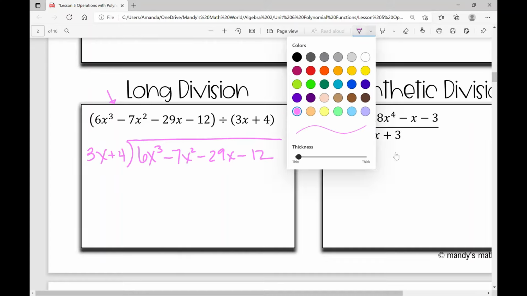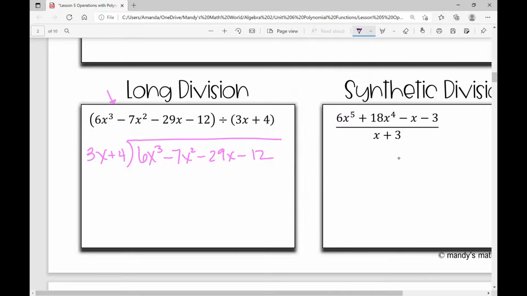So polynomial long division. What do I multiply 3x by to get 6x cubed? I multiply it by 2x squared. 2x squared times 3x is 6x cubed. 2x squared times 4 is positive 8x squared. When I'm using polynomial long division, I subtract.